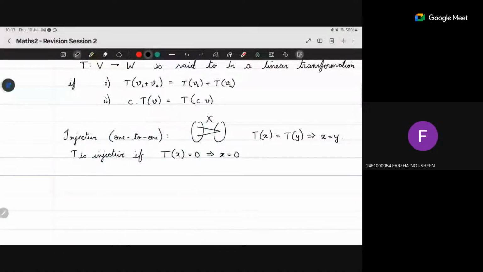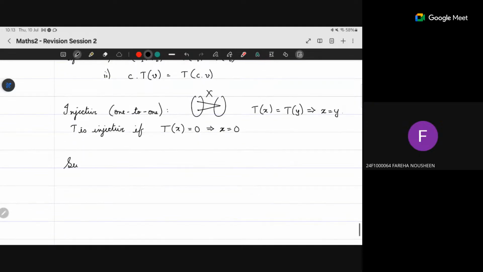In the general case, you have to ensure that there is no element in the codomain which is the target of two different elements in the domain. But in this case, what you have to do is just verify that the pre-image, the elements that are mapped to 0, is just 0. Only 0 is mapped to 0, and you don't need to care about anything else. So this is specifically for linear transformations.